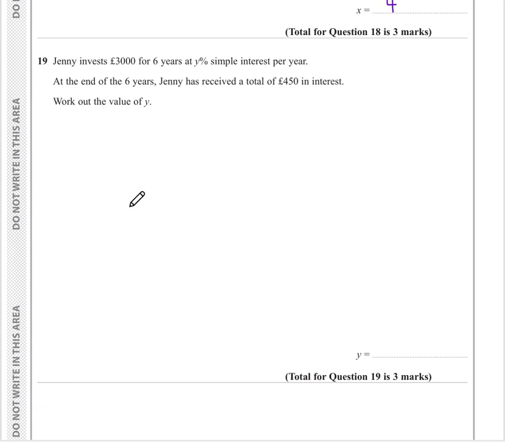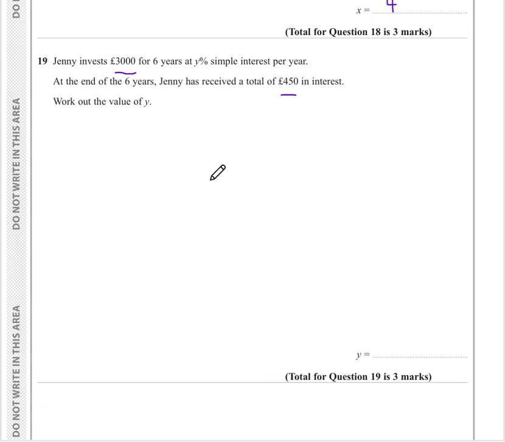Question 19. Jenny invests £3,000 for 6 years at Y% simple interest per year. At the end of 6 years, Jenny has received a total of £450 in interest.